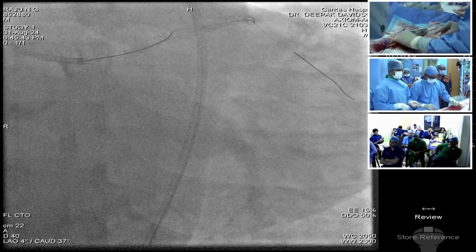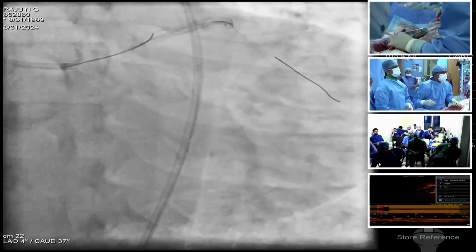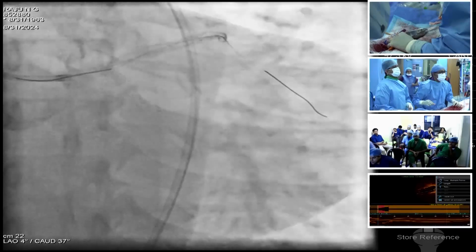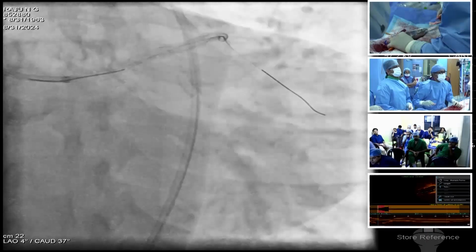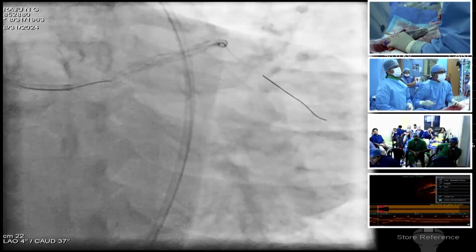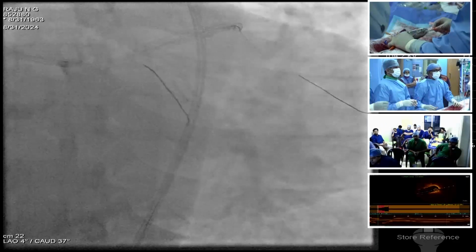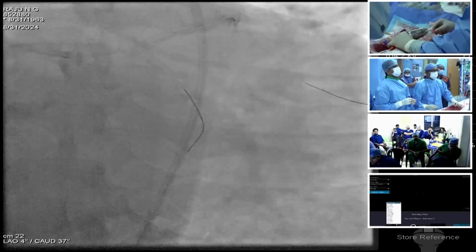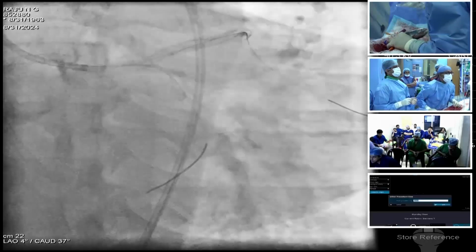Get the OCT catheter ready. This crossing, we would prefer to have it the more distal crossing if at all possible. It seems to be too distal a cross.